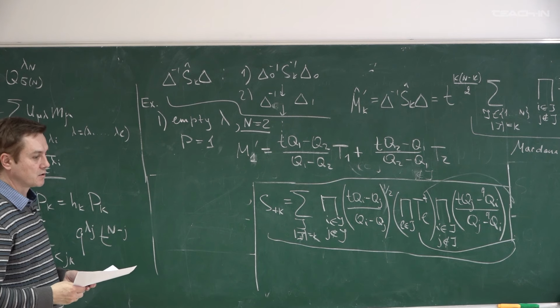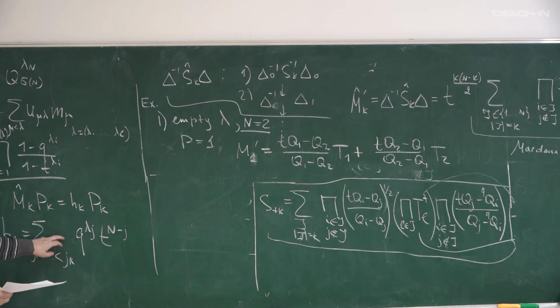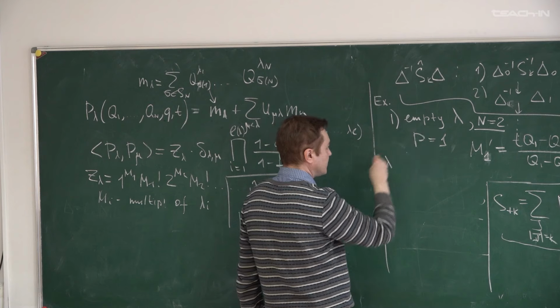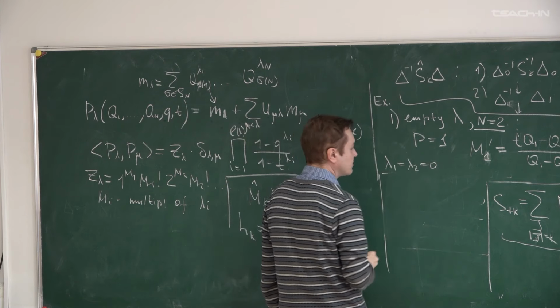Let us look at its solutions and its eigenvalues. So let us verify the eigenvalue. For example, what we have here when empty, what does empty diagram mean? It means that lambda 1 and lambda 2 are equal to 0.